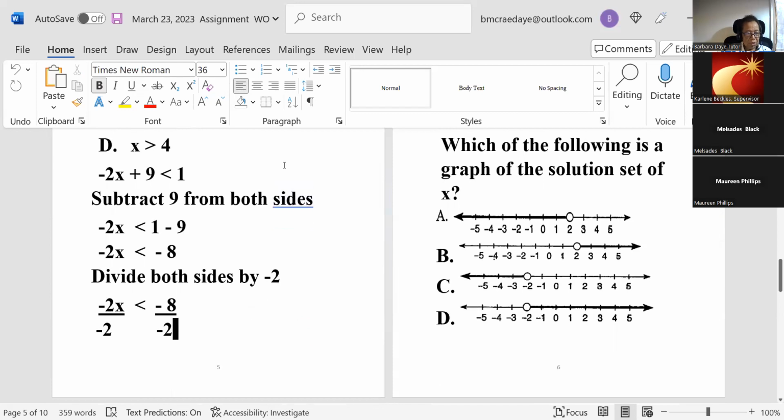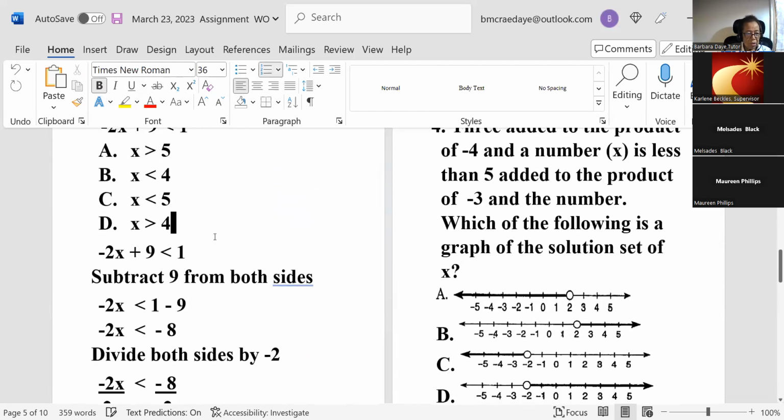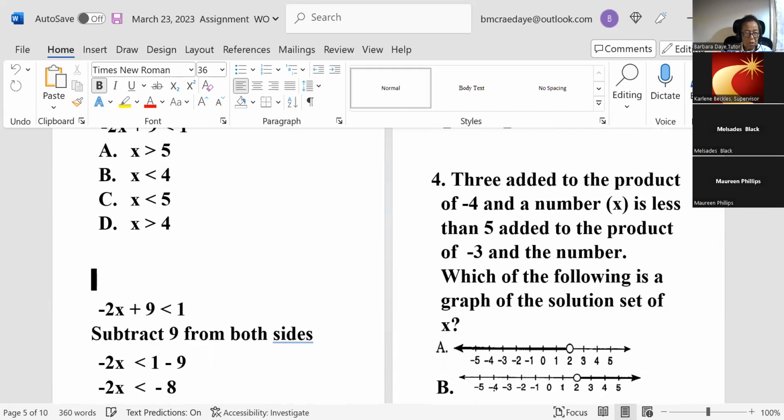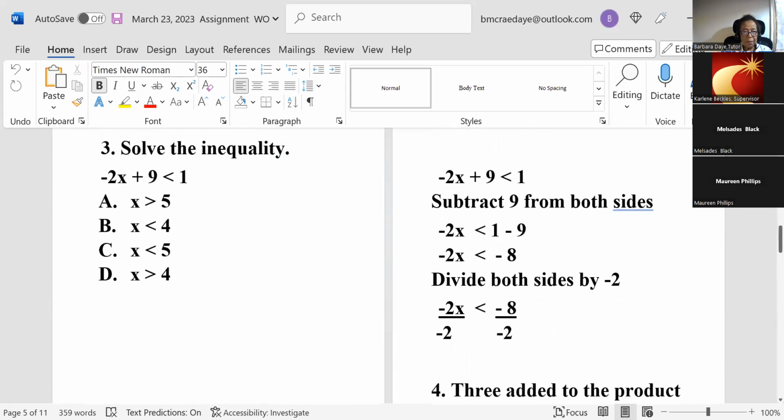So that's just x, right? Because -2 over -2 is just 1. So we'd have x less than, what's -8 over -2, Maureen?